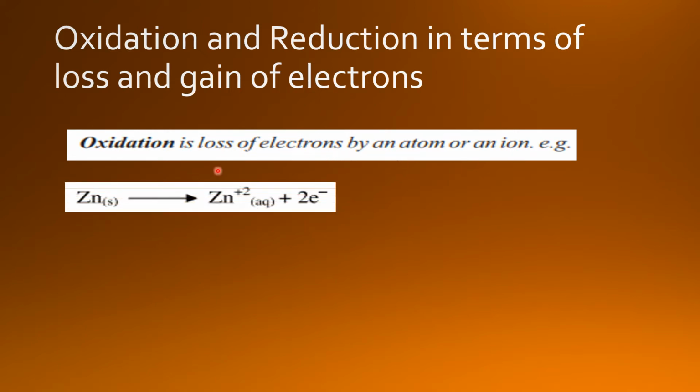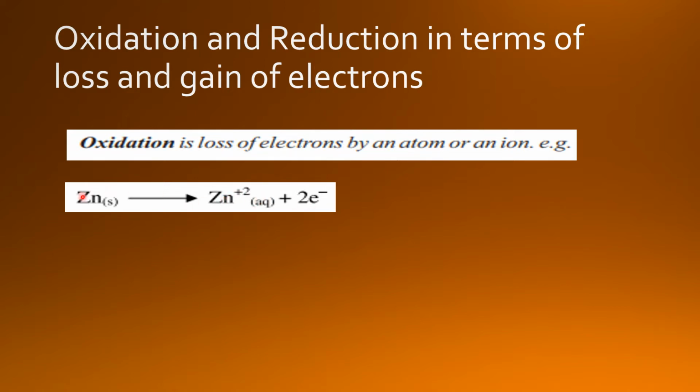For example, you can see here that this zinc atom, after losing these two electrons, changes into the zinc ion. This +2 charge shows that zinc has lost the 2 electrons.